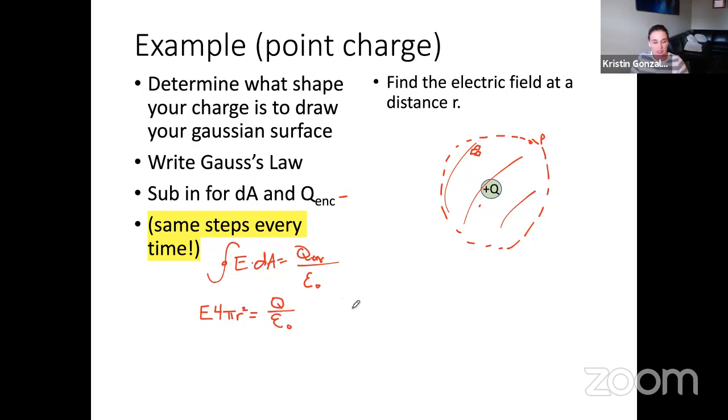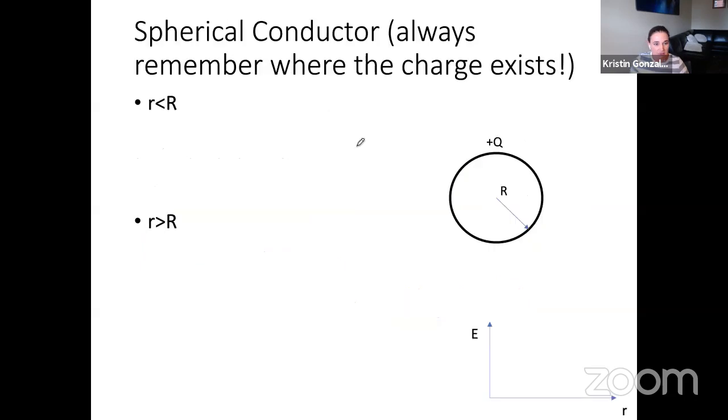So if I rearrange for E, E becomes Q over 4 pi epsilon naught r squared. And remember, we know that 1 over 4 pi epsilon naught is K. I could leave it as this, or I can put it in terms of K and say that it's KQ over r squared. That looks familiar. That's the equation we used last night. So that's for our point charge.